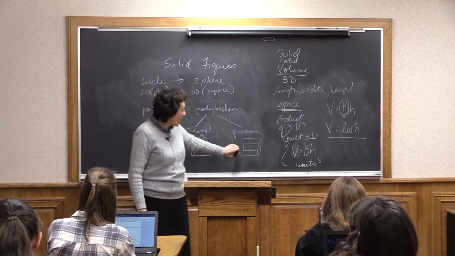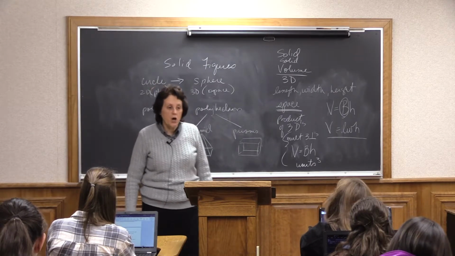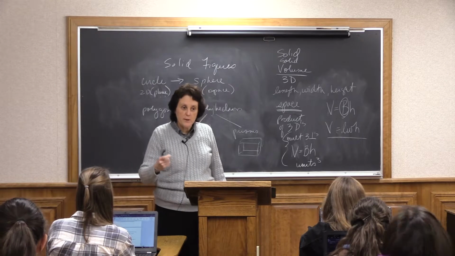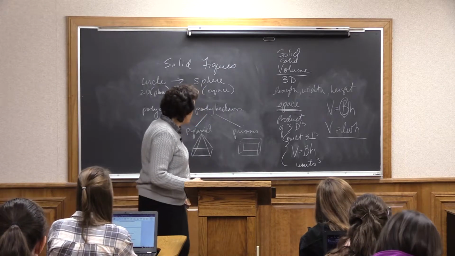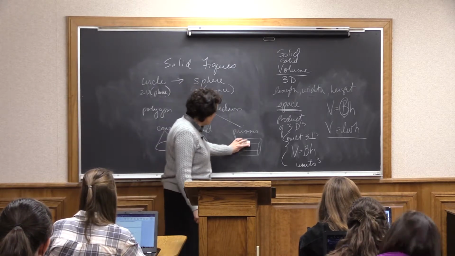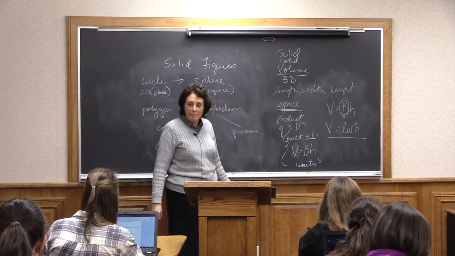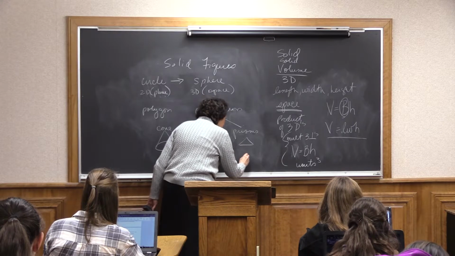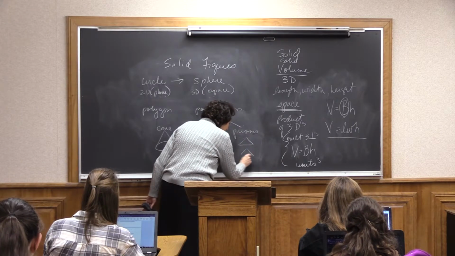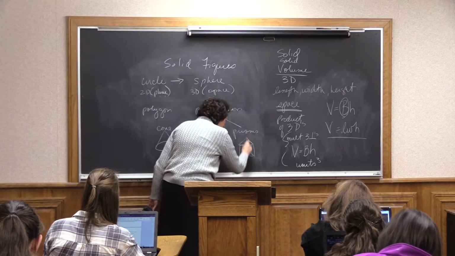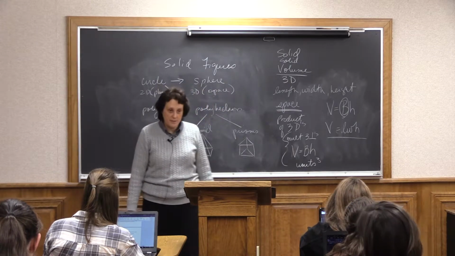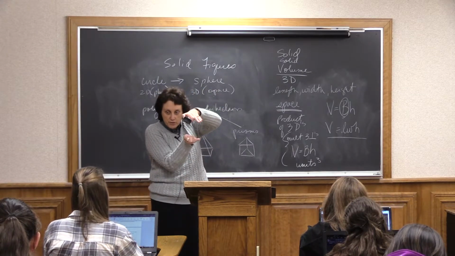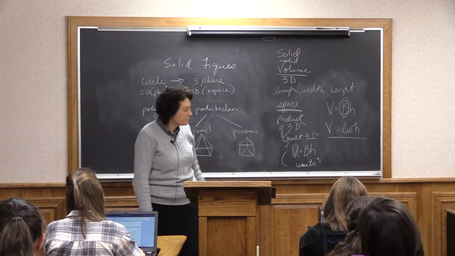We can also have triangular pyramids. A prism is typically a triangular prism, and that's why we call it that. Except with a triangular prism, the bases are two congruent triangles, okay?